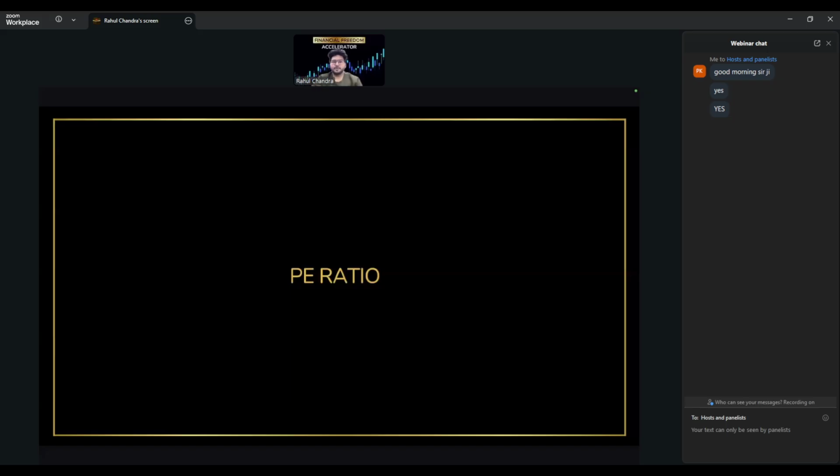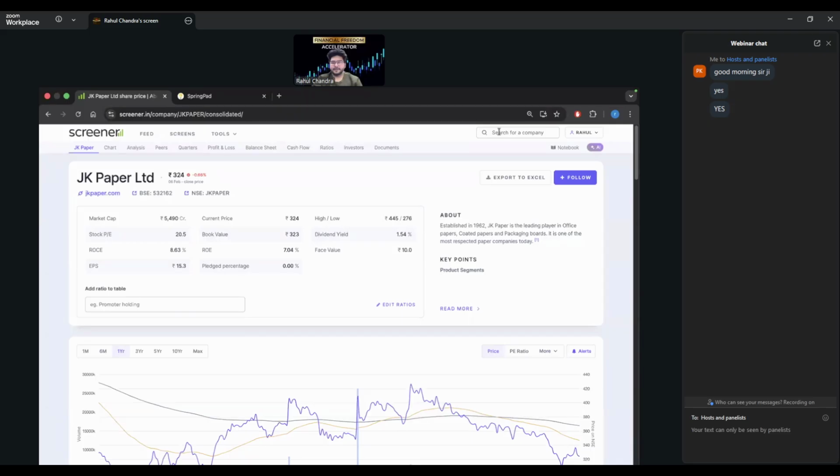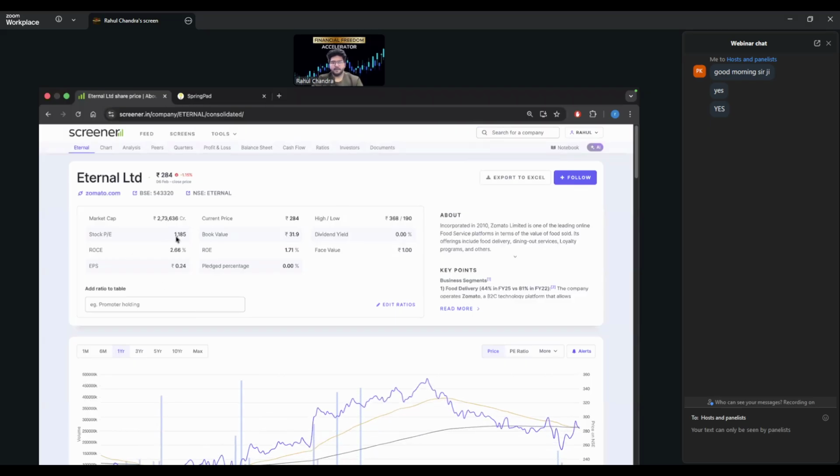Now, let's look at Eternal, which is Zomato. What is the PE? 1185. How do you get PE? You get the earnings per share and the stock price per share. 284 you are paying.